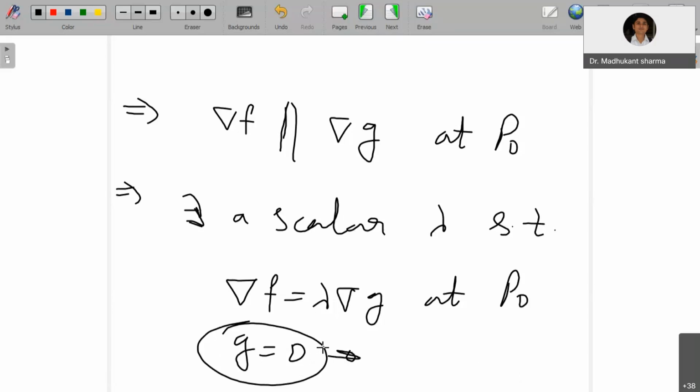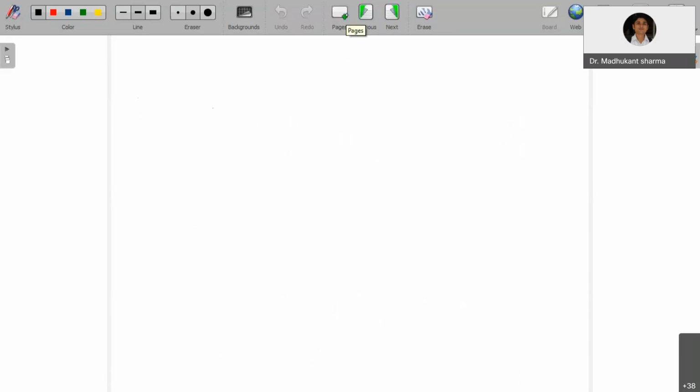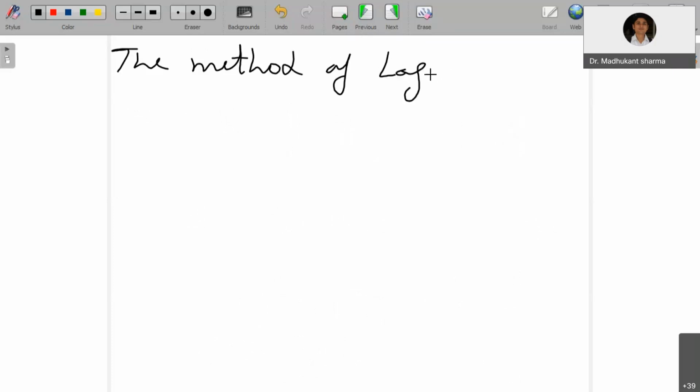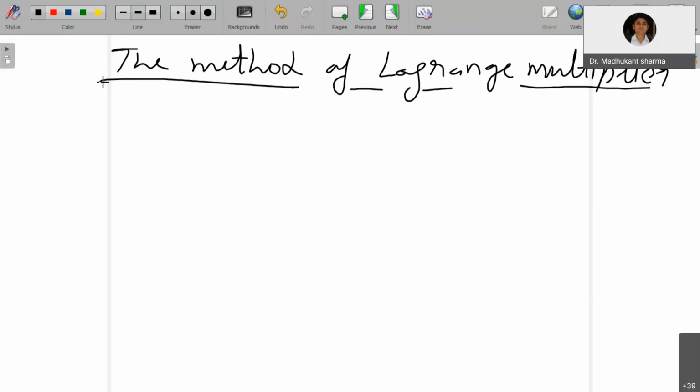Now I'm writing finally the method of Lagrange multiplier, when you have a single constraint.